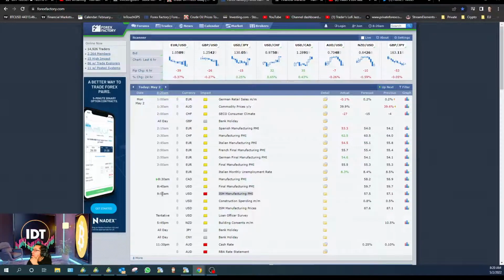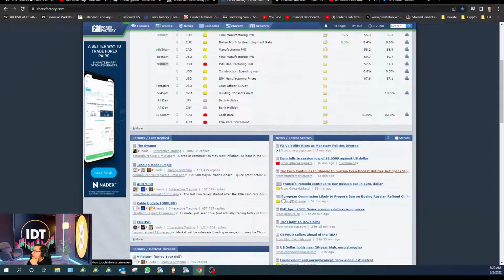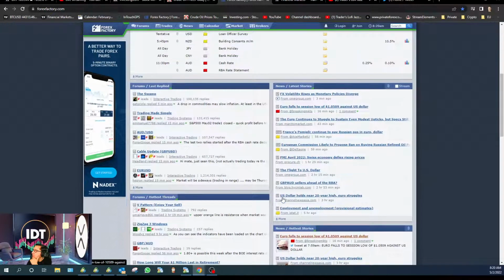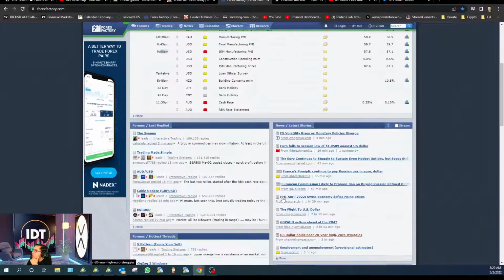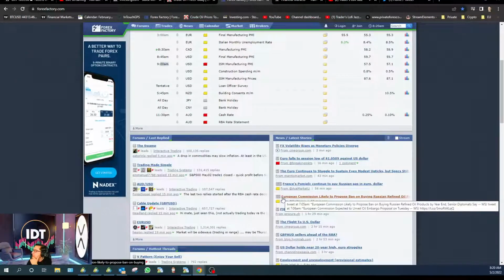I'm sitting in Chicago, so it's Central Time. 9 a.m. our time, we have ISM manufacturing PMI. We'll take a look at how that affects the market, if we don't have a trade set up before then. Seems relatively quiet overnight.